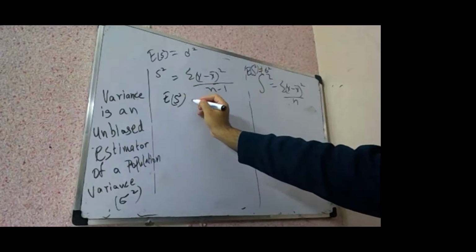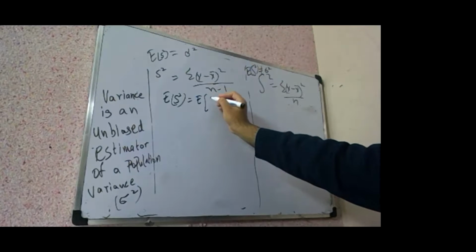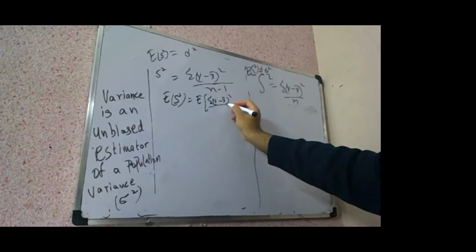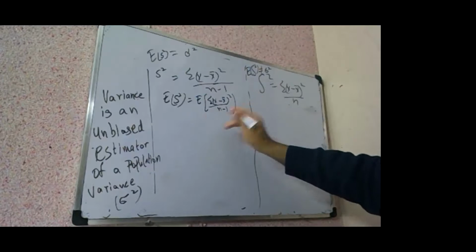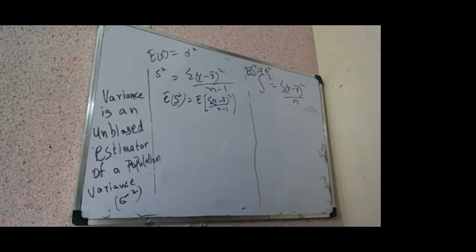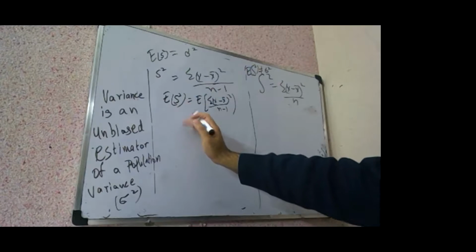Small s square equals the sum of x minus x bar square upon n minus 1. Similar steps you can take further for big S square. Again, this is the constant 1 upon n minus 1, so it will come outside.